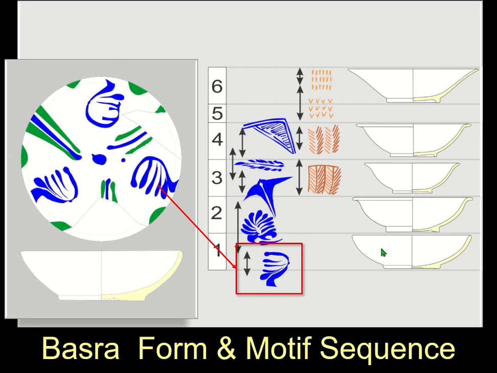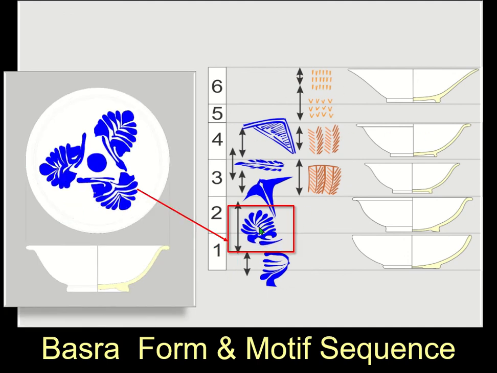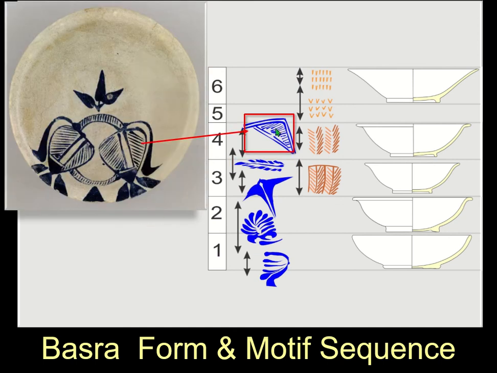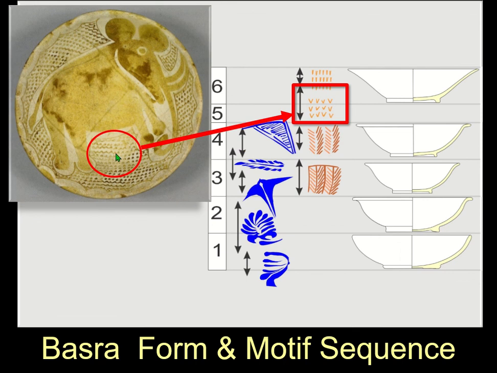And so by doing that, I was able to create what appeared to be a sequence. Like this one is distinctive of that one. This one, see, here's some of that one. This is actually a lusterware. These early wares, it seems only the early ones are found on blue painted wares. The lusterwares would come in later. This one is found on a blue painted ware, and this is only found on lusterwares.